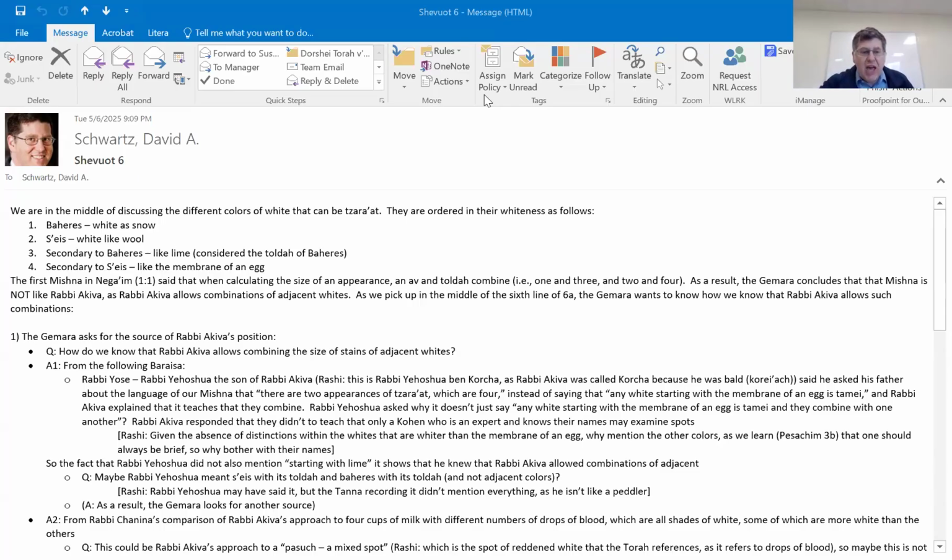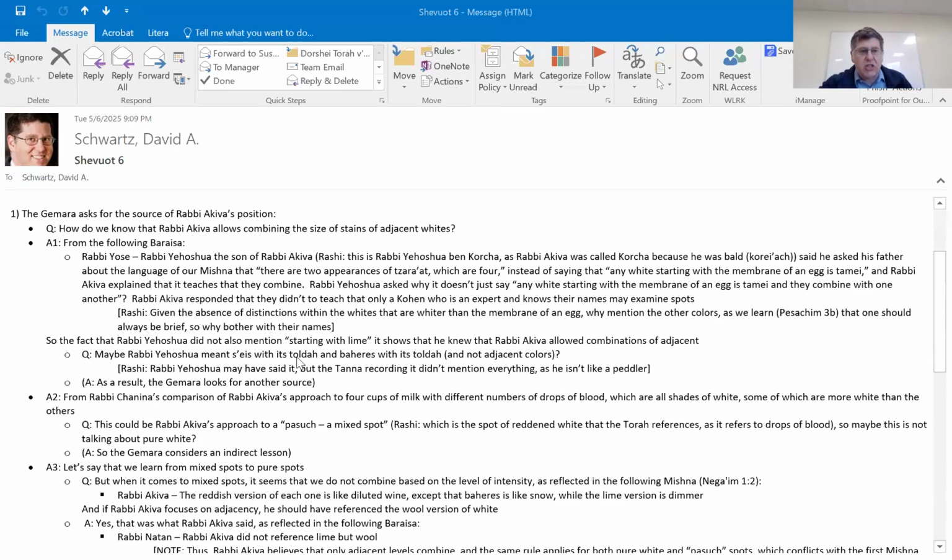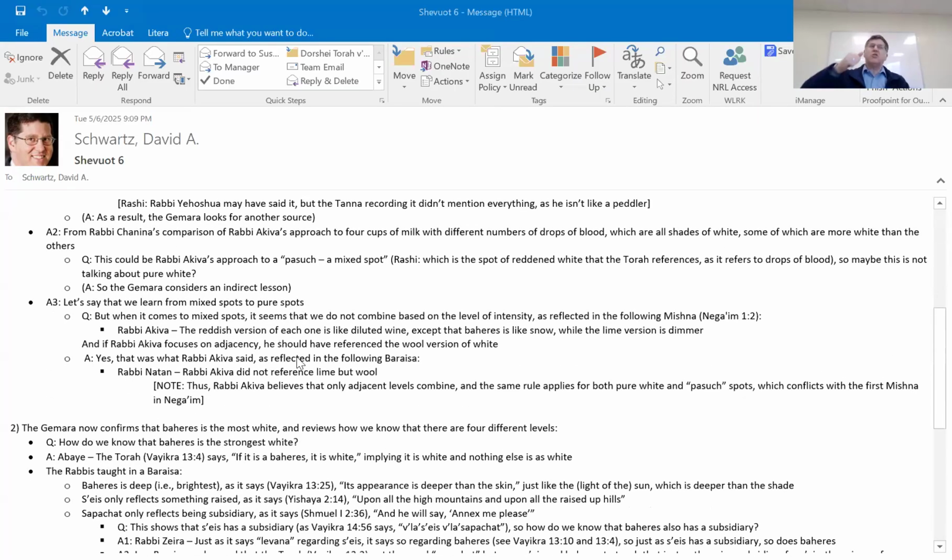And so when Rabbi Hanina is now saying these comparisons, he is not talking about the pure whites, the Baheres and the Se'es that we've been talking about, but rather he's talking about the mixed whites, the whites that have a reddish hue to them. So b'chaluk mishamat. So maybe when it comes to the pure white, he's not also talking about that.